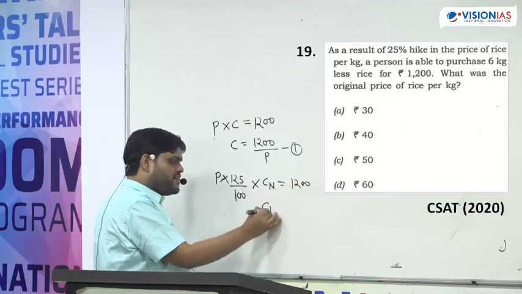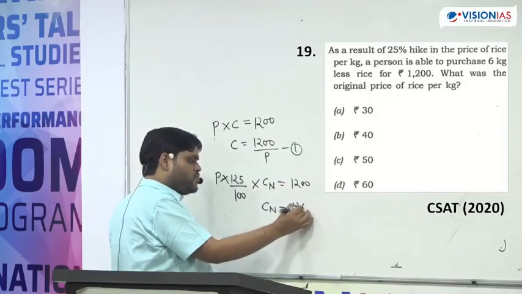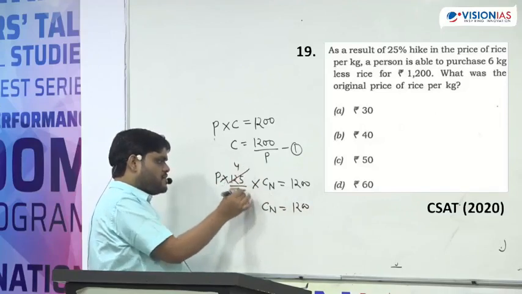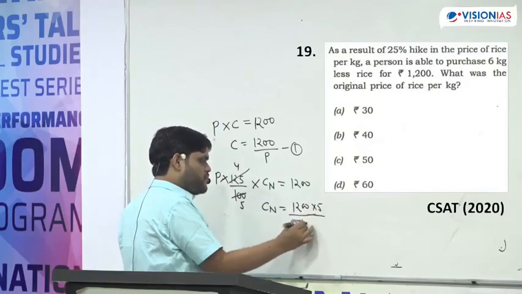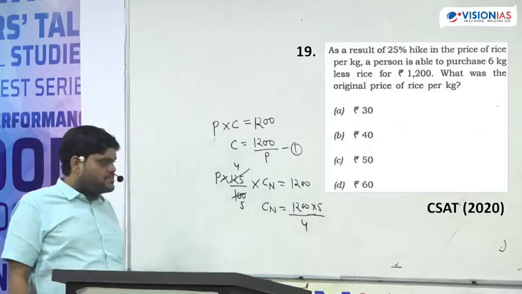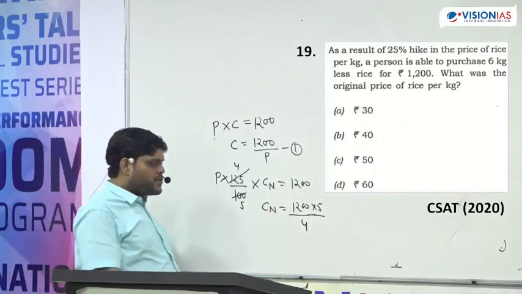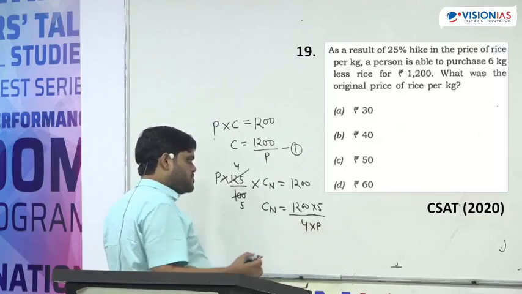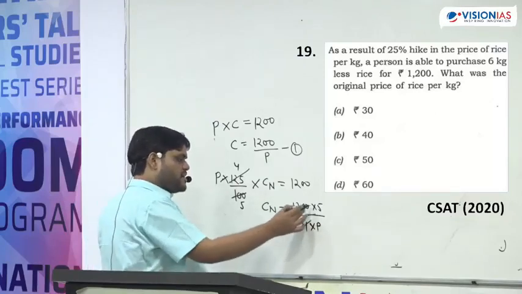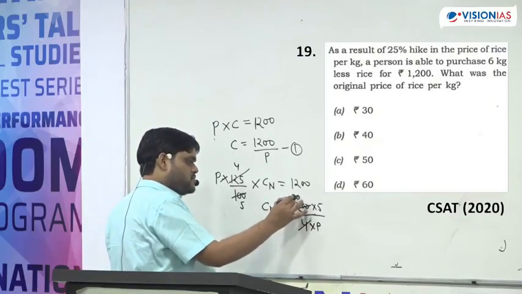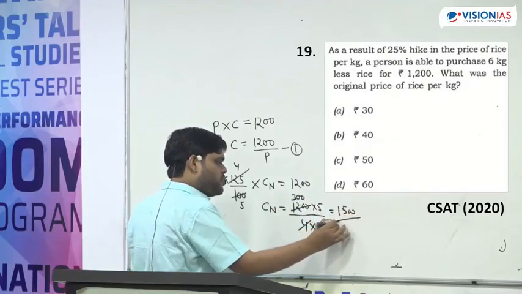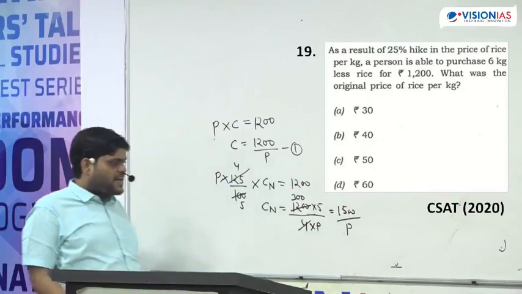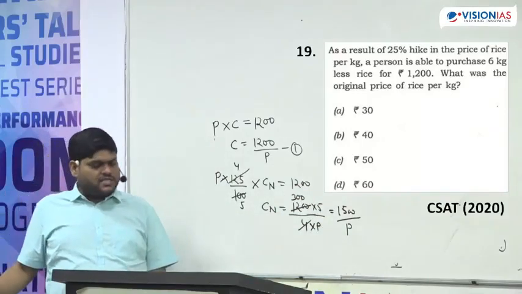So from here we can say that Cn is equal to 1200 upon 5 upon 4 into P. You can just solve it.